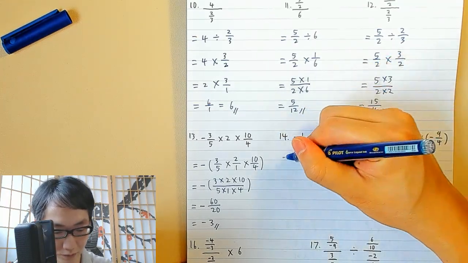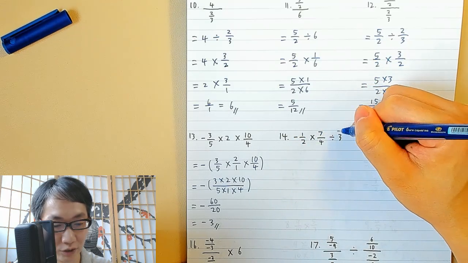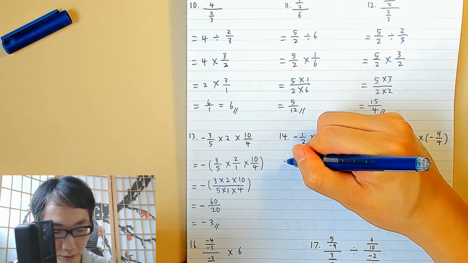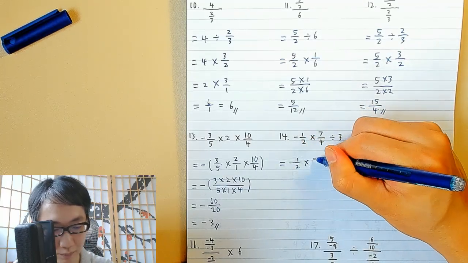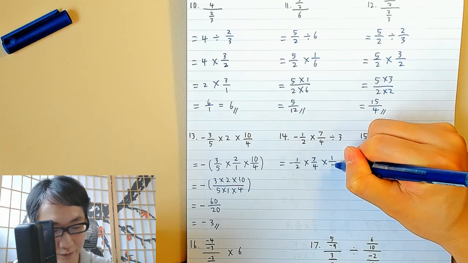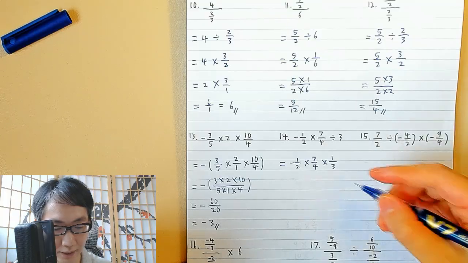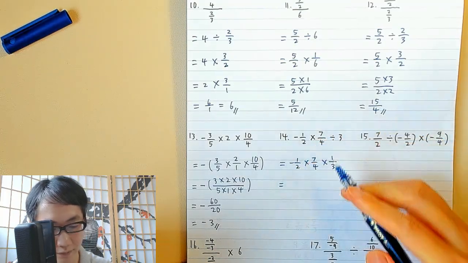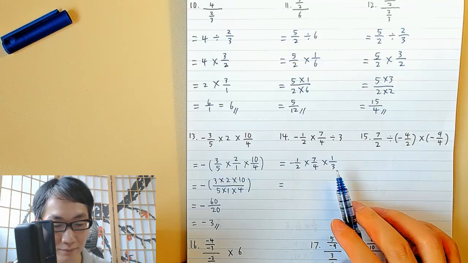Then the second one. So whenever we see a division symbol, we always turn it into something else. So negative 1 over 2 multiplied by 7 over 4 multiplied by the inverse of 3. Okay. So the answer should be negative, because we have one negative number and the rest are positive numbers.